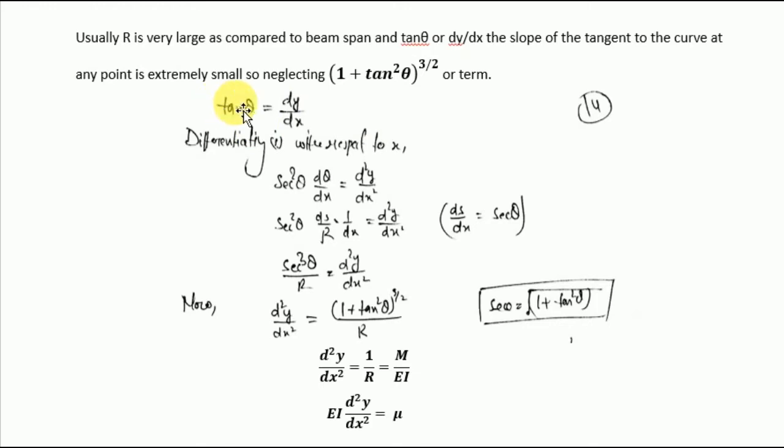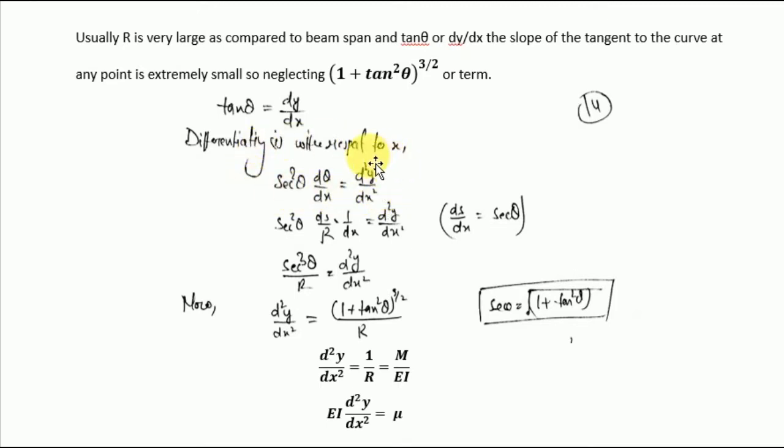We know that tan theta is equal to dy upon dx, and we differentiate with respect to x, and we get sec square theta d theta upon dx is equal to d2y upon dx2.